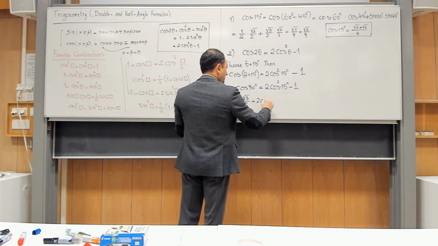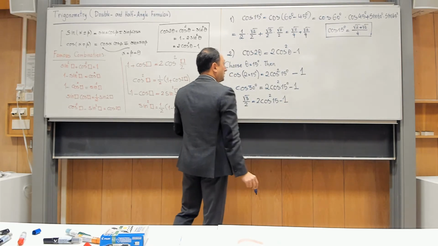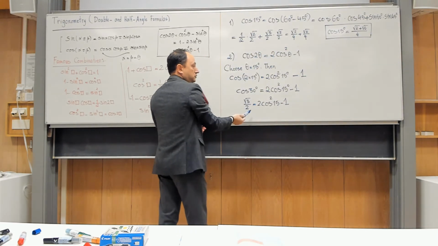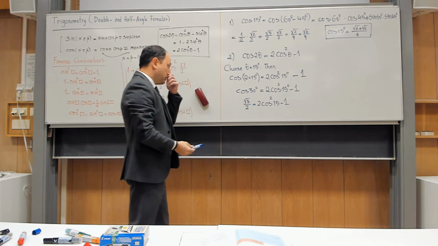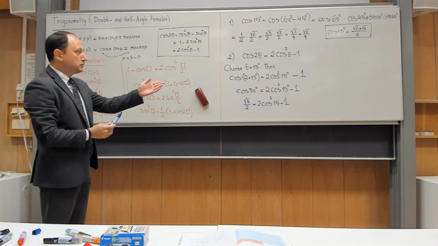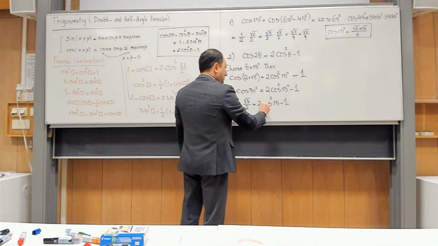It becomes equal to 2 cosine squared 15 minus 1. Of course, I still believe this method is superior to this one, but I want to teach you something. This is the reason that I am doing it in this way. First of all, you can see that this is also doable. My unknown is this. This is my question mark.